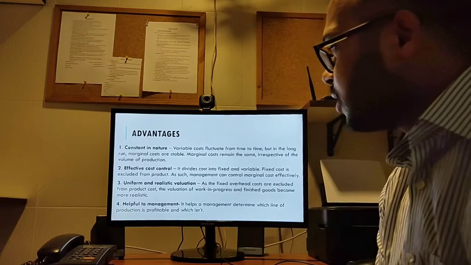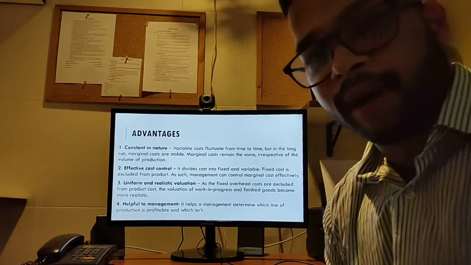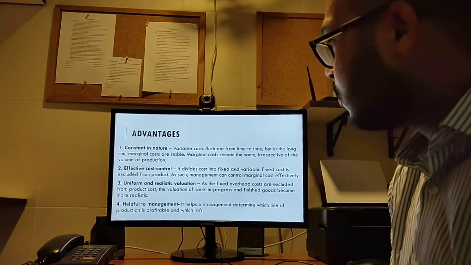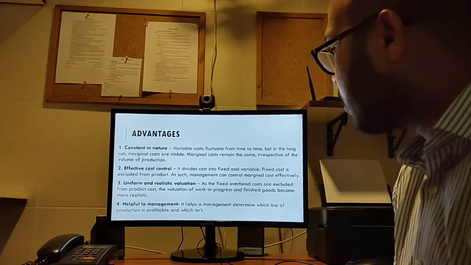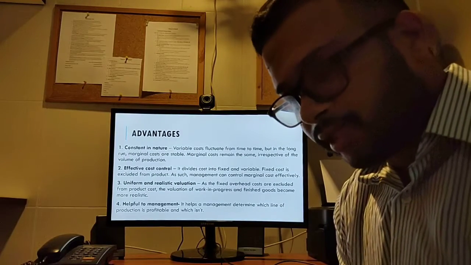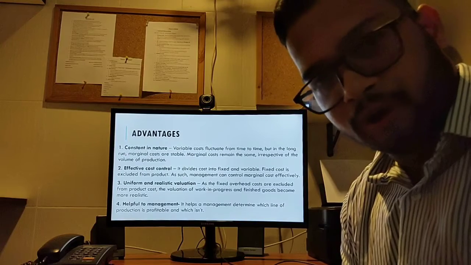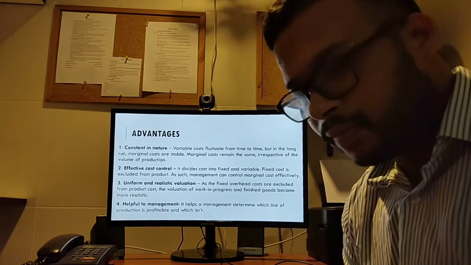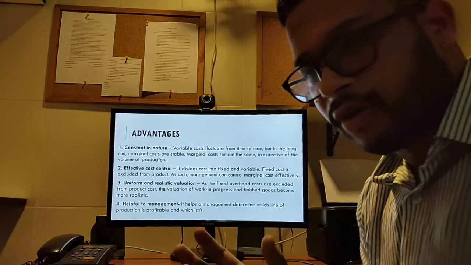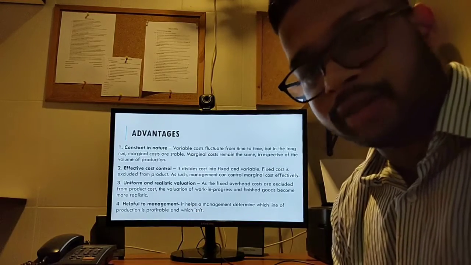So that is the reason why, in marginal costing, the advantage is that variable costs fluctuate from time to time, but in the long run marginal costs are stable. In the long run all the variable and fixed costs become variable, and that helps bring a feature of it being constant.